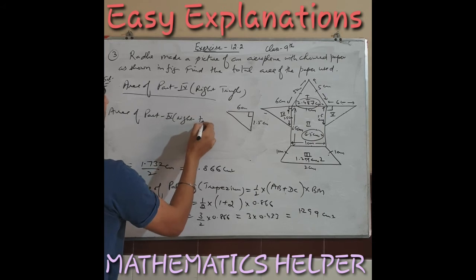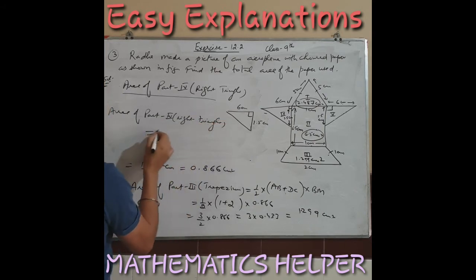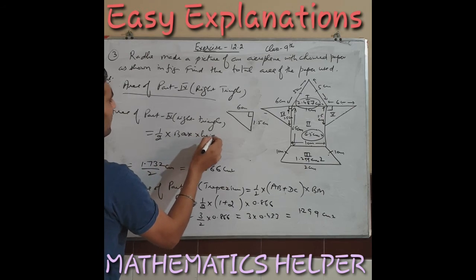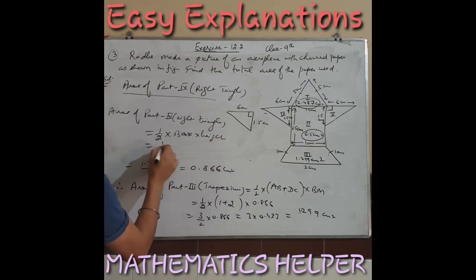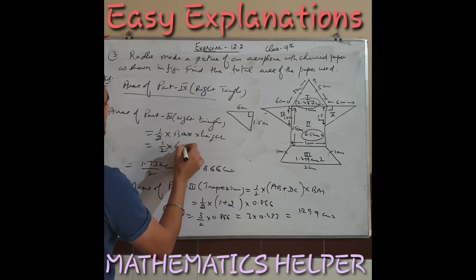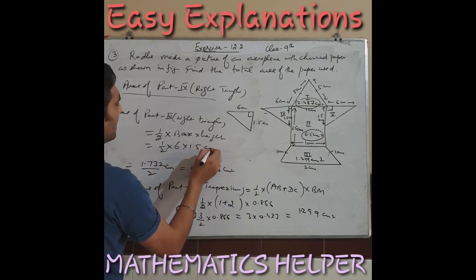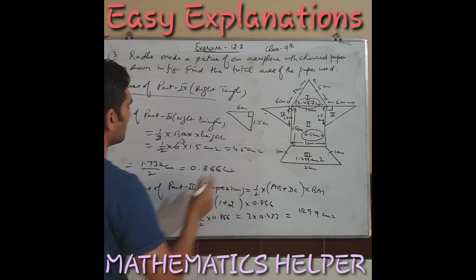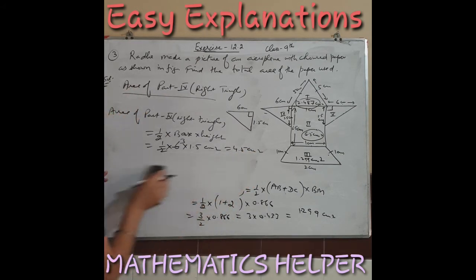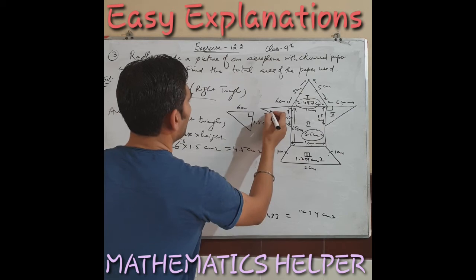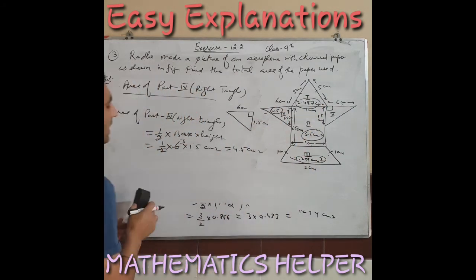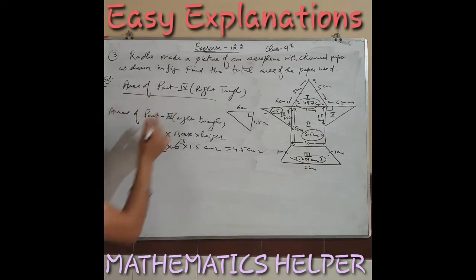You know the formula for the area of a right triangle: half into base into height. You can use any one as base, any one as height. I am using 6 as base and height as 1.5 centimeter. It will go on 3, so you will get 4.5 centimeter square as the answer. And for the fifth part you have to repeat the same.